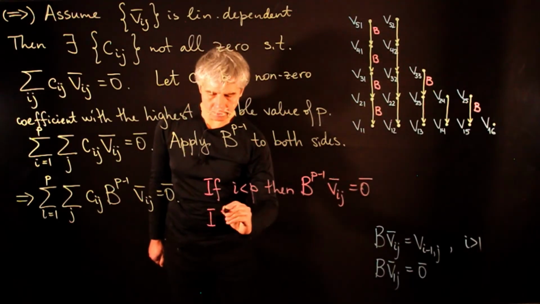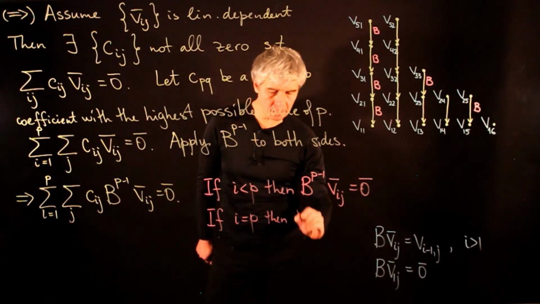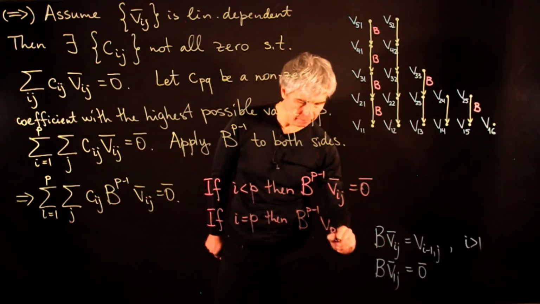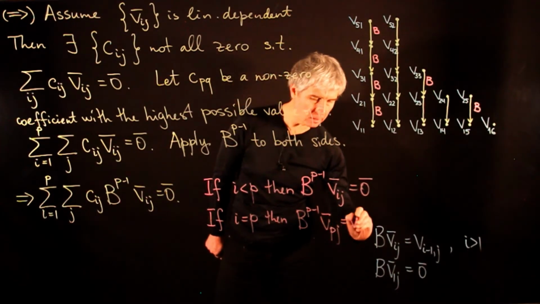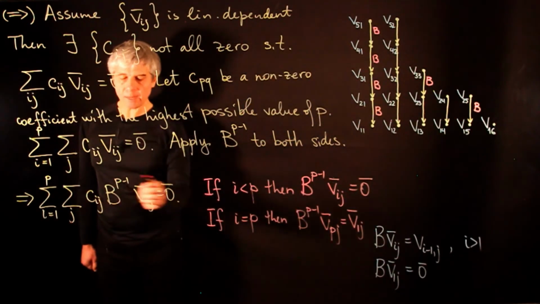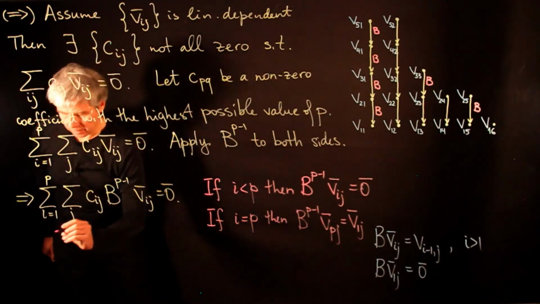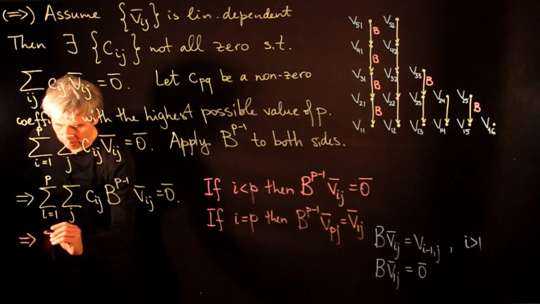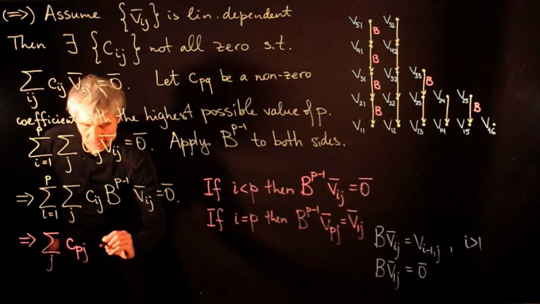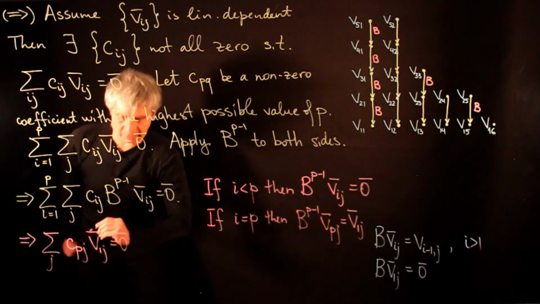And if i is equal to p, then b to the p minus 1 applied to V_pj is equal to V_1j, a vector at the bottom level. So in this sum, we can drop all the terms with i less than p. And then we're going to get that the sum over j, C_pj times V_1j is equal to a 0 vector.